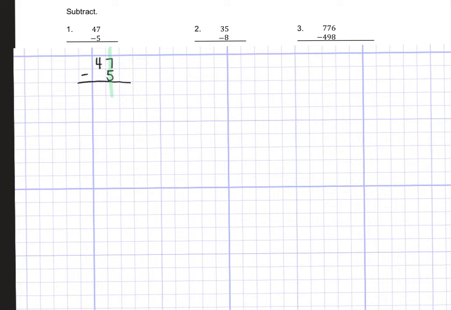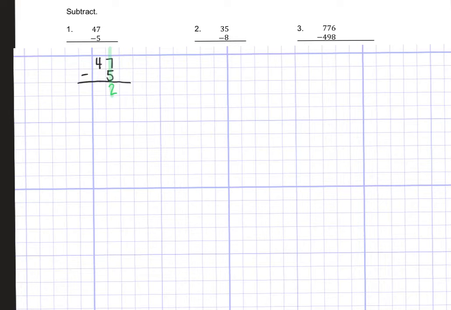So you have $7 and somebody wants to take 5 of those dollars. Is that a possibility? Yes, it is. You have $7. Somebody can come take 5 of those dollars. Because that's a possibility, we can do the subtraction. 7 minus 5 equals 2.